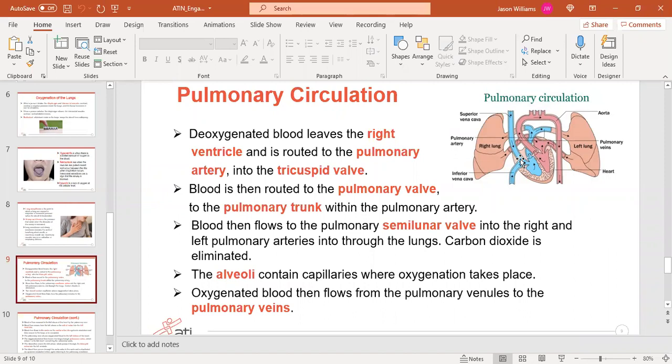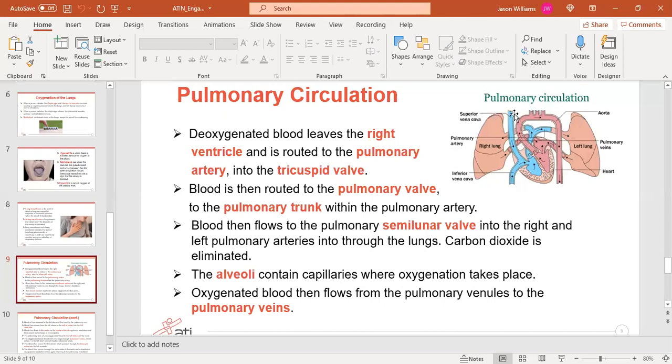The blood travels through the right ventricle, then travels through the pulmonary artery. Arteries carry oxygenated blood, and the only artery that does not carry oxygenated blood is the pulmonary artery. Veins carry deoxygenated blood, and the only vein that does not is the pulmonary vein. It carries oxygenated blood.